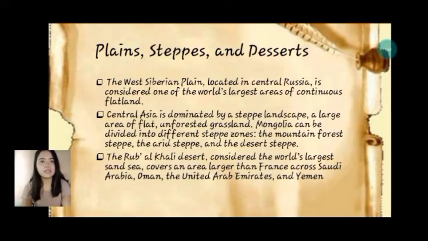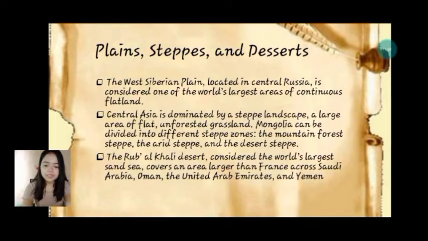In Central Asia, the landscape is dominated by steppes, a large area of flat grassland and forest grassland. Mongolia can be divided into different steppe zones: the mountain forest steppes, the arid steppes, and the desert steppes.